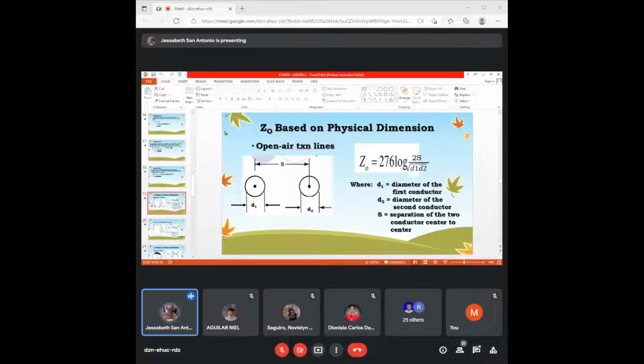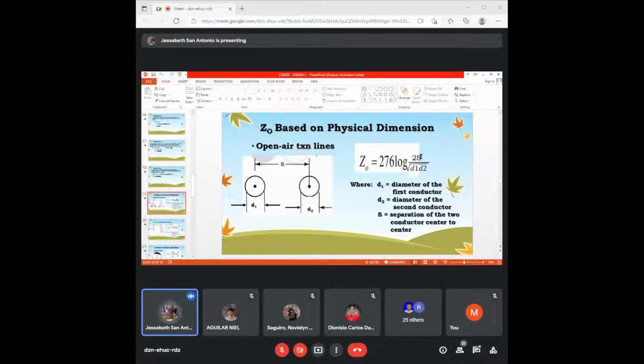Characteristic impedance based on the physical dimension. Let's start off with an open air transmission lines. So the equation ay ito. 276 times the log, ito ha, base 10 yan, log of 2s, small s, over the square root of d1 times d2.